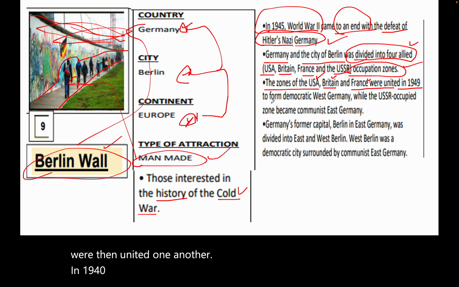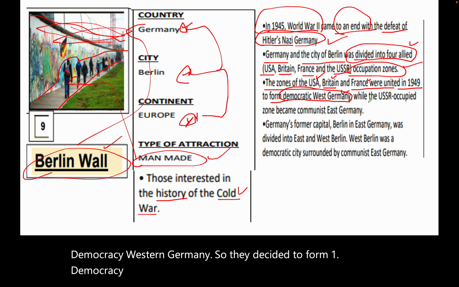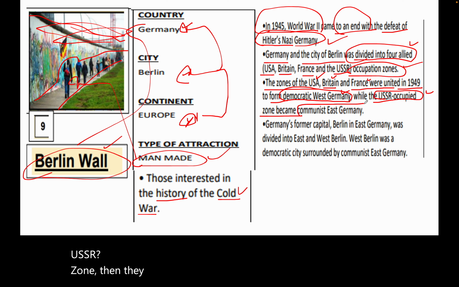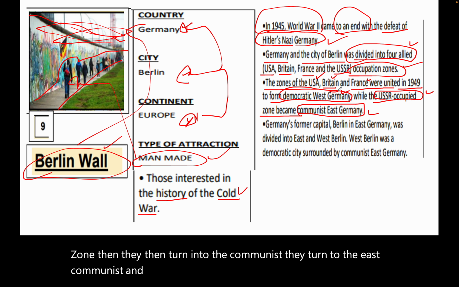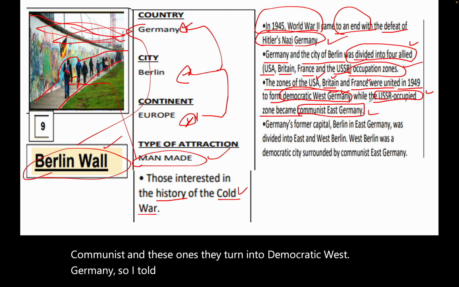After being united, they decided to form one democracy, Western Germany, while the USSR zone turned into the communist East. So the ideologies differed.